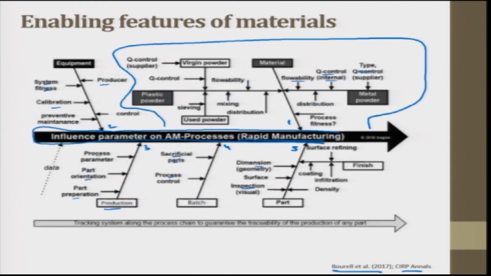So this is an Ishikawa diagram that helps us break the complete process into smaller parts, and the further branches and sub-branches are all obtained using this diagram. It is one illustration of the rapid manufacturing process: influence parameters on additive manufacturing processes.